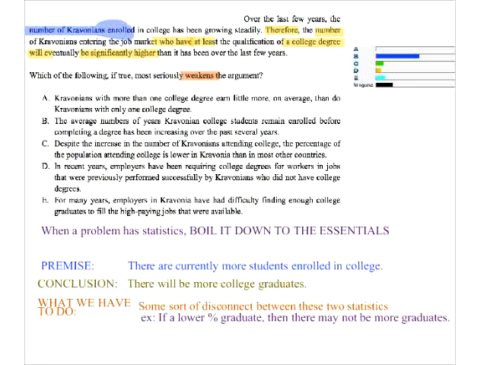Most of you are talking about dropouts. Good. There you go.